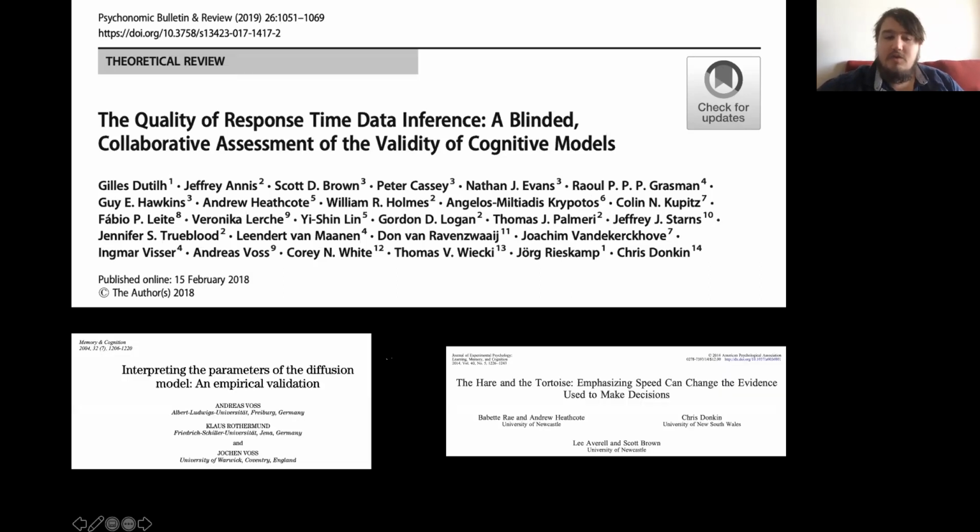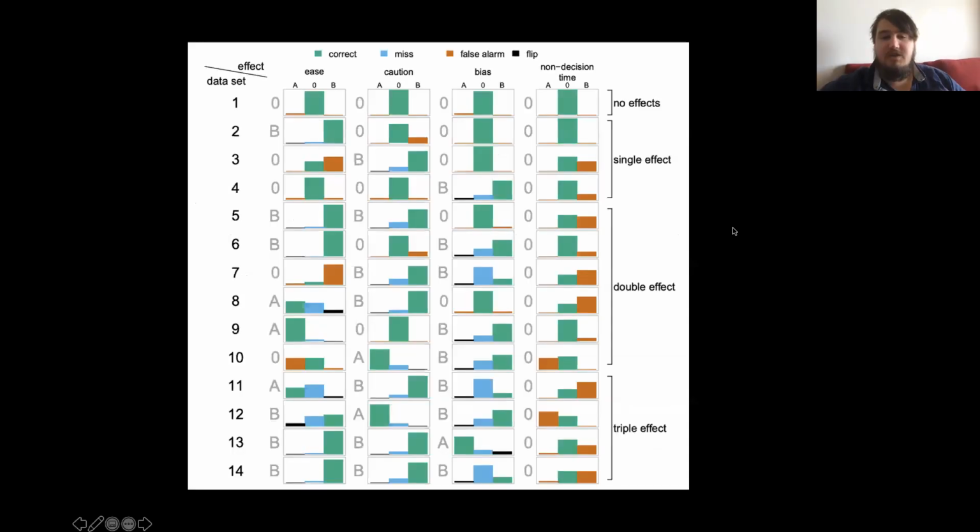This is also based on some previous work from Voss et al. and Ratcliff et al., which also looked at experimental manipulations and how they influence the parameters of these evidence accumulation models. When you read through this paper and try to look for figures to glue in, there are no good figures that simply express the results. It's actually god-awful. But this is the best I can do for the time being in the talk.